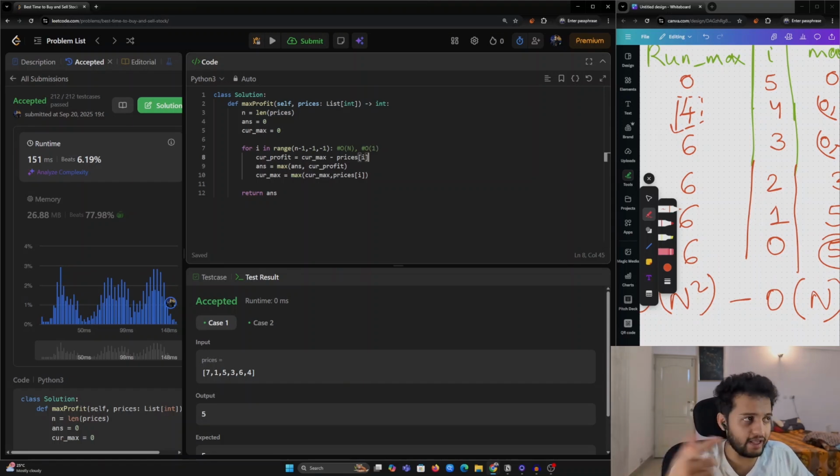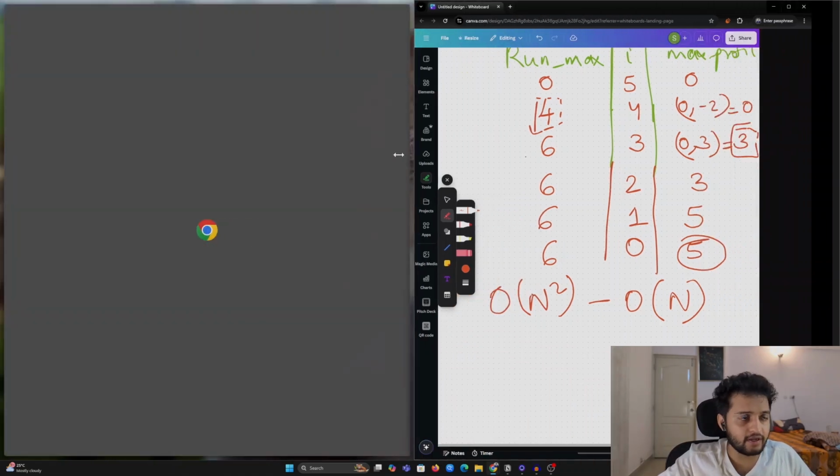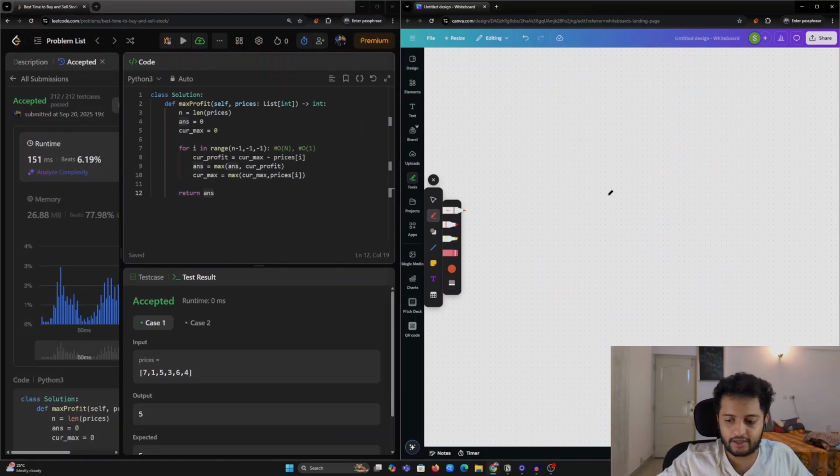Now, one more thing you could have also thought about this problem in a reverse way. So let's say you are given this particular array.